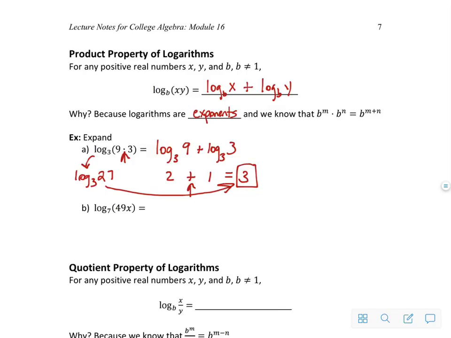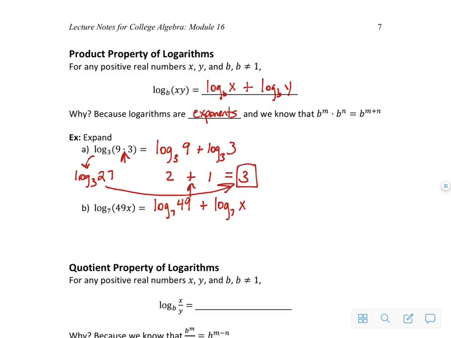So like on this one, the second one here, we're going to take log base 7 of a product. Notice 49x is 49 times x. So we write that as log base 7 of 49 plus log base 7 of x. The product inside became a sum.